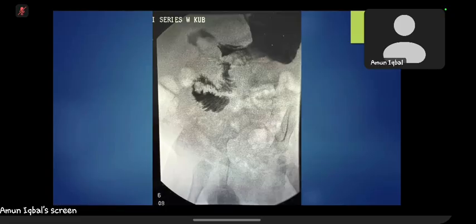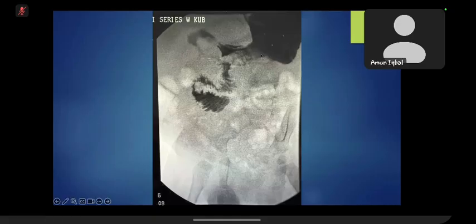Okay, try to rethink what you are saying. Is the contrast opacification of these proximal bowel loops normal? Do you think it's in the normal location? It is passing from the stomach to the pylorus, and then to the first part of the duodenum.